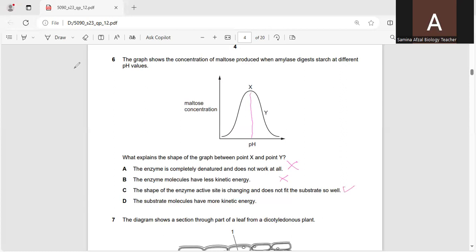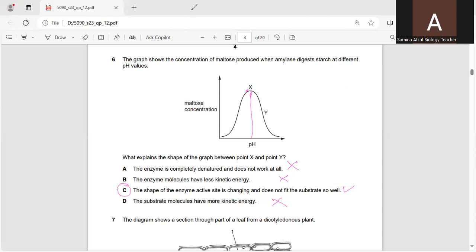As you can see, this is the optimum pH. You already know that carbohydrases always work in neutral conditions of pH. The substrate molecules have more kinetic energy. No, no, no. So according to our knowledge, answer C should be the correct answer.